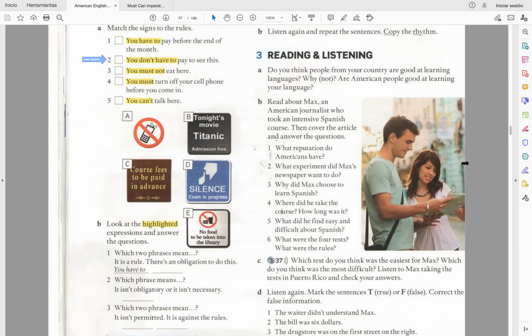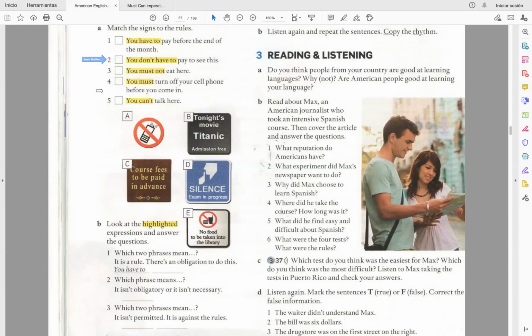Nicole, what about number two? Is letter B, I think. Okay. And what is it? Is it obligation, prohibition, suggestion, not necessary? What is it? Is suggested, I think.